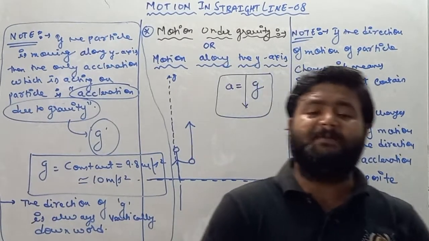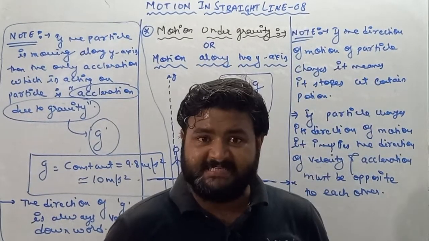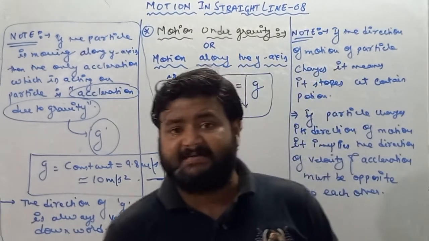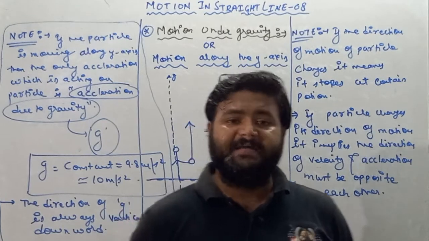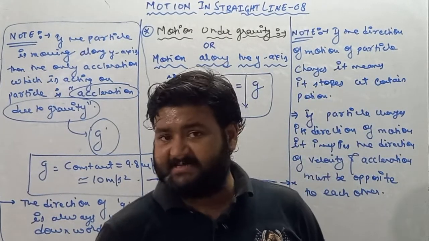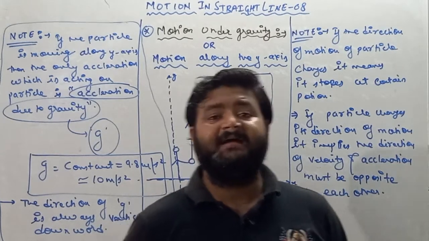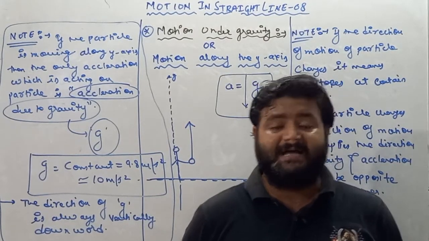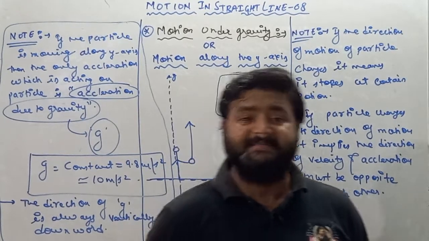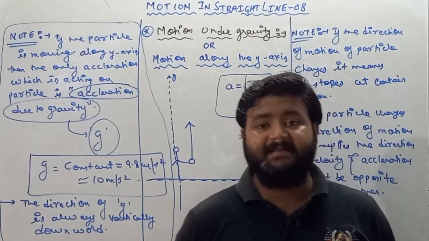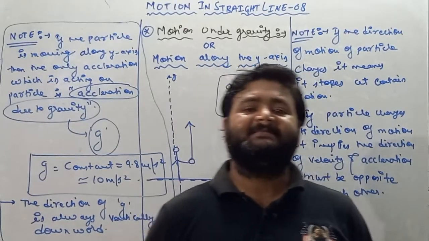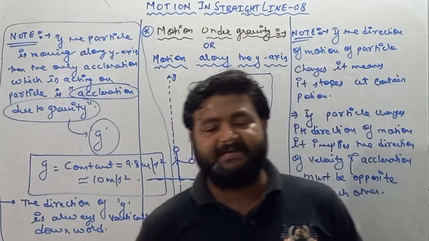And if the direction of velocity and acceleration is different, then the speed of the particle decreases.